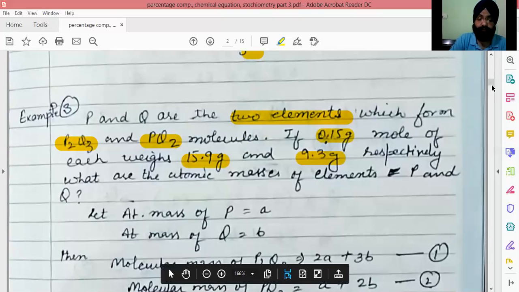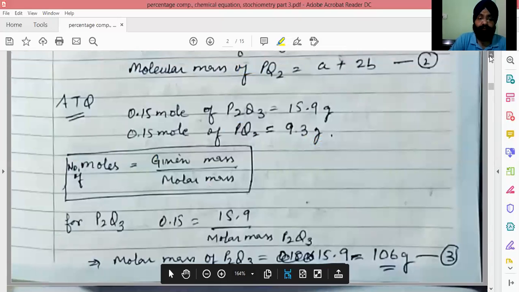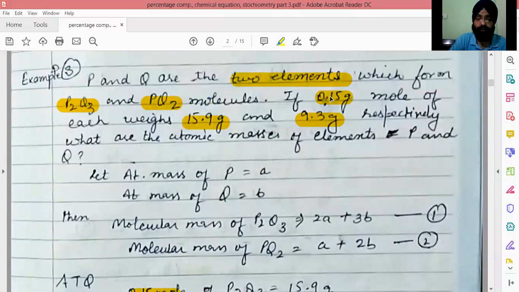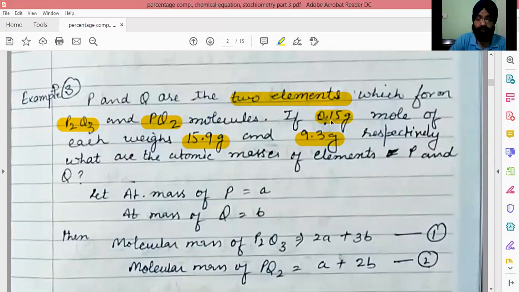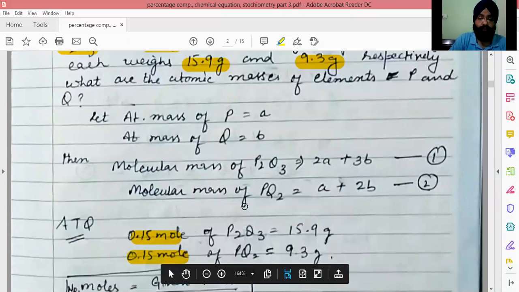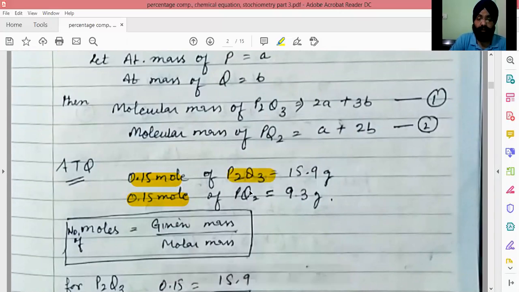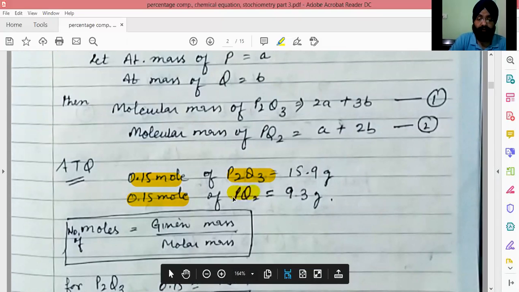The moles are the same for the two compounds. So 0.15 mole of the first compound is 15.9 gram, and for the second compound it is 9.3.